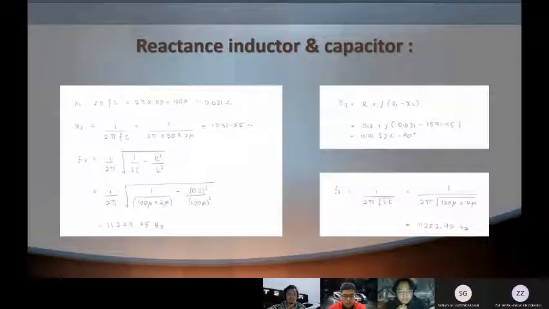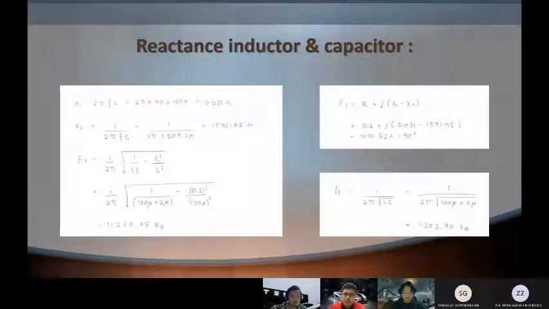XC is the capacitor reactance. The formula is 1 over 2 pi FC, and the answer is 1591.55 ohm.